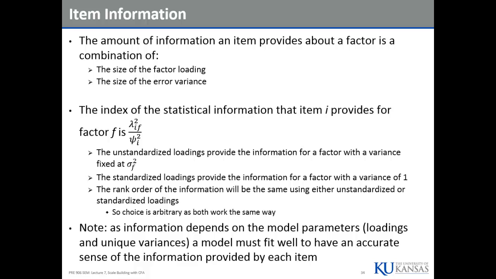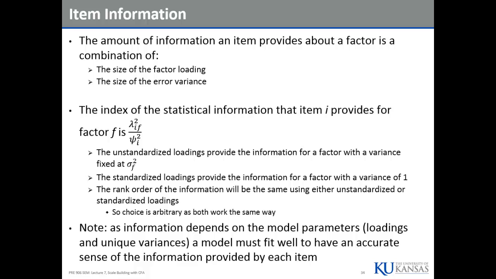Right? The higher the information, so the actual number itself means very little right now in terms of what we do. But in a relative sense, some items will have more information than others. Right? So take a look at this function first. The factor loading squared over the unique variance. Well, here's the factor loading. That is like the covariance between the item and the factor.